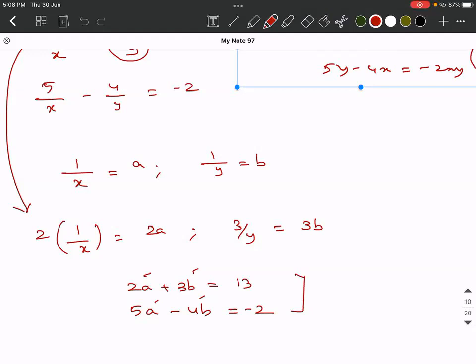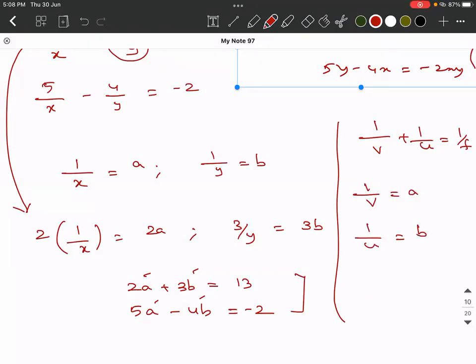Can you tell me where this will be helpful in the case of physics? 1 by v plus 1 by u is 1 by f. So 1 by v you can take as a, 1 by u you can take as b. So a plus b will be equal to 1 by f, which is a constant. Generally, the focal length of the mirror is constant.